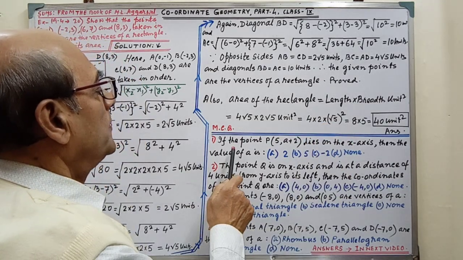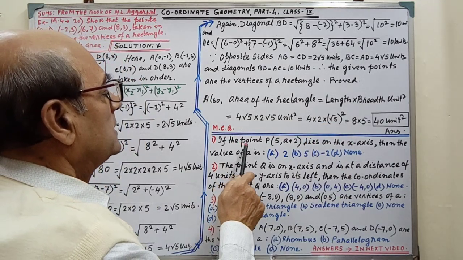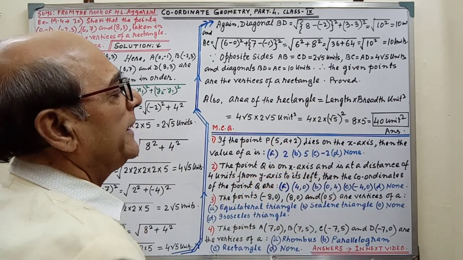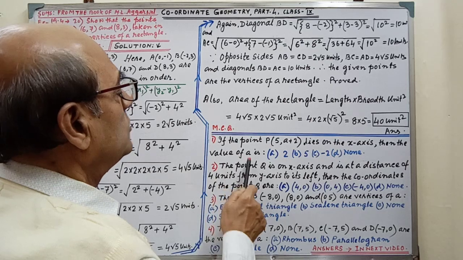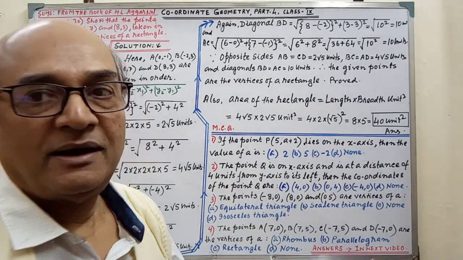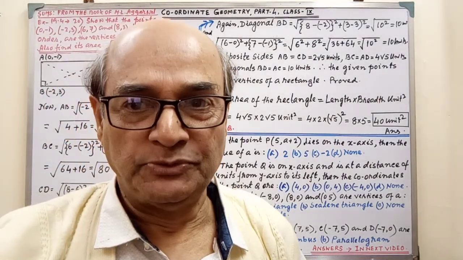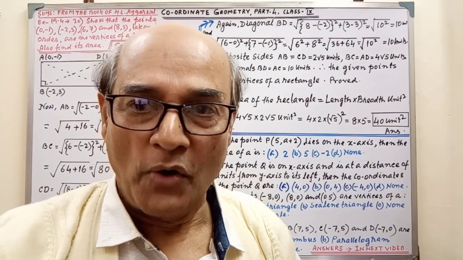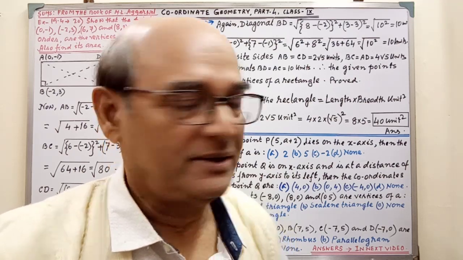Next, MCQ. If the point P (5a, 2) lies on the x-axis, then the value of a. In an MCQ, you have to go through the statement and options attentively.